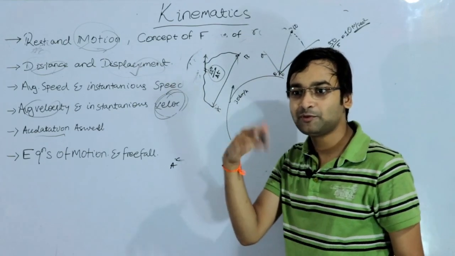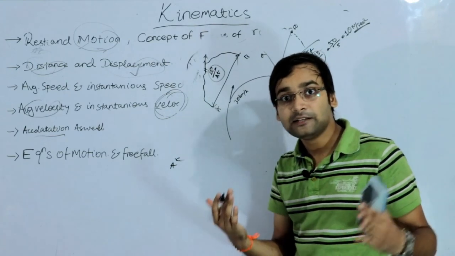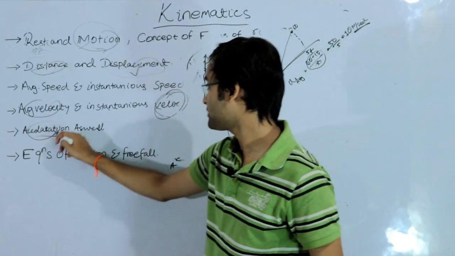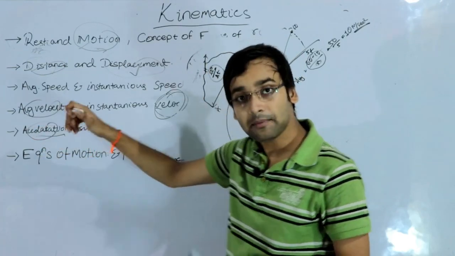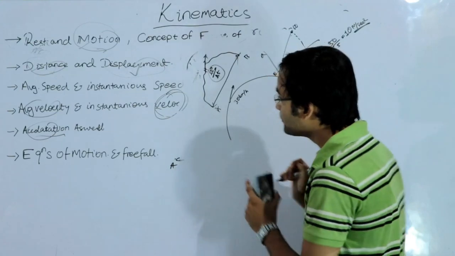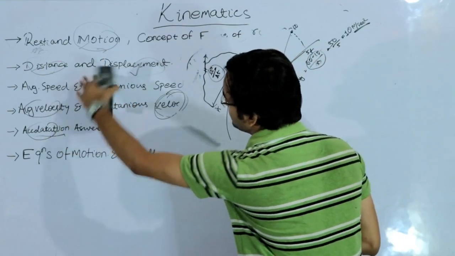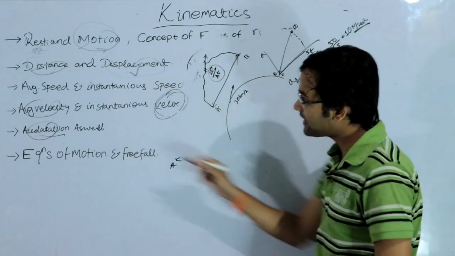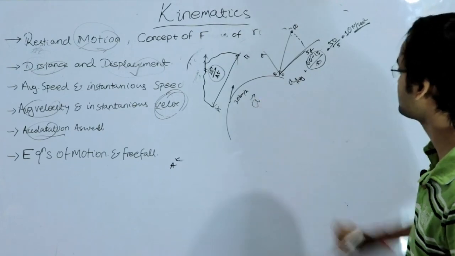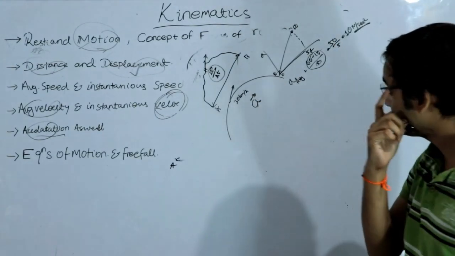Means if you are speeding up your bike and you say that I am interested in my speed, then you cannot say that I have an acceleration. Acceleration is always a vector quantity. If you are saying that I have an acceleration, then you must go with the velocity. So acceleration is always associated with velocity. There is no relation of acceleration with the speed. Remember one thing, acceleration is a vector quantity. It is denoted as a vector, a small a vector. This is called the acceleration term.